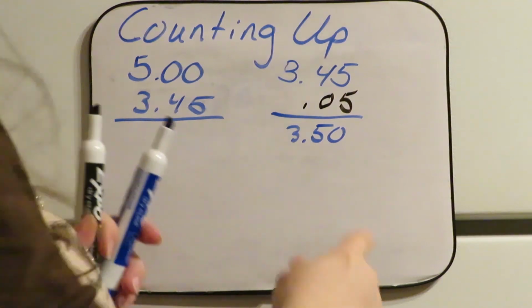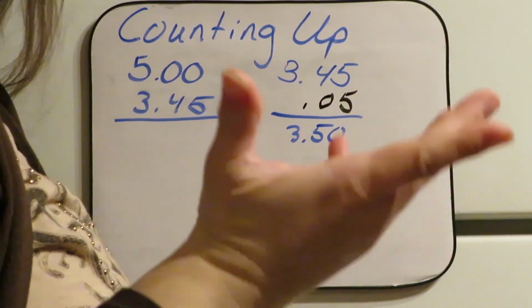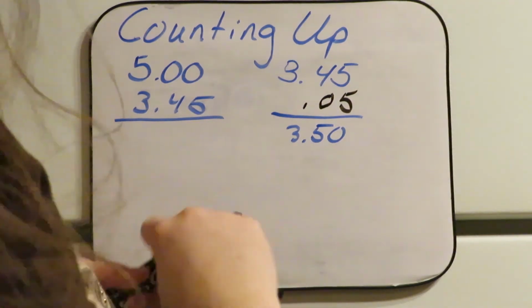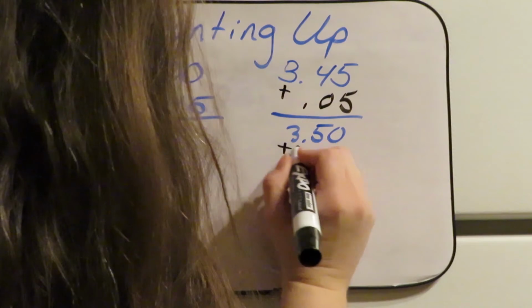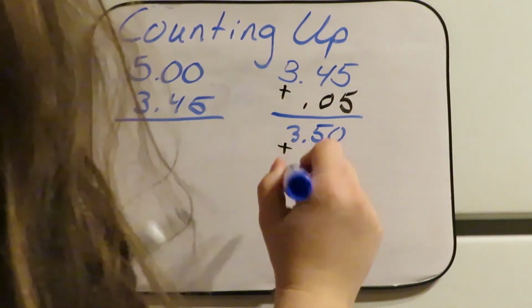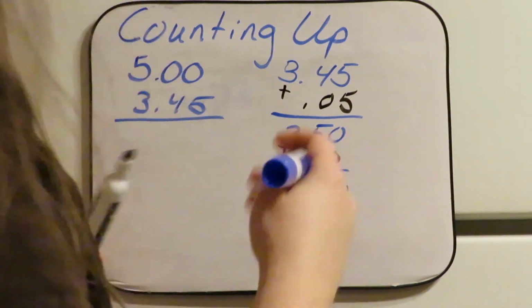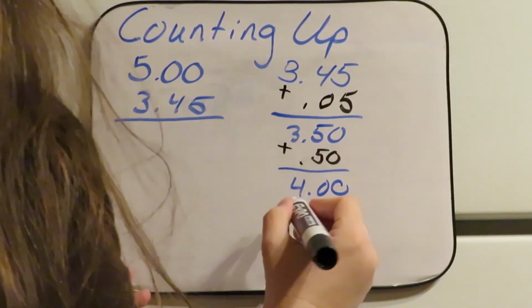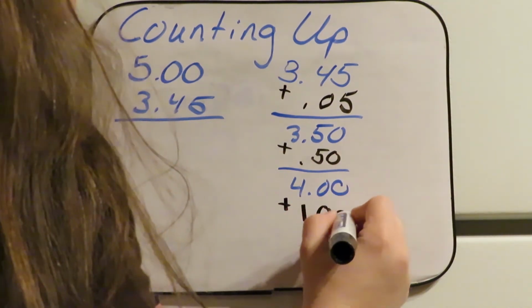Now we try to get this to $4. How? We add 50 cents. Plus 50 cents. And that gives us $4. And then to get it up to 5, we add $1.